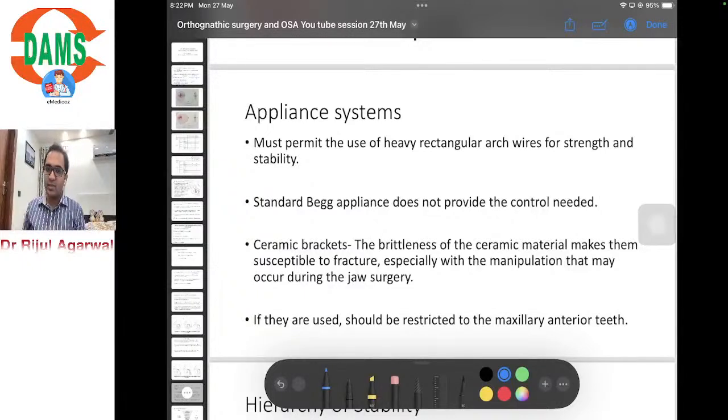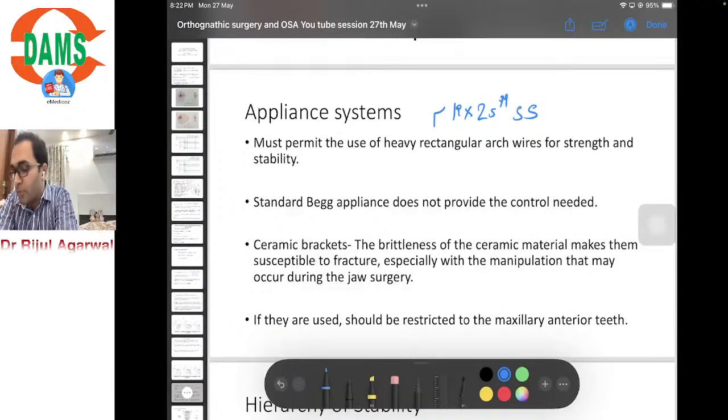So what is the appliance system? Before the patient is taken to the OT table, a heavy rectangular wire should be present. The dimension should be 19-25 SS wire. We cannot use a Begg appliance, nor can we use ceramic brackets.